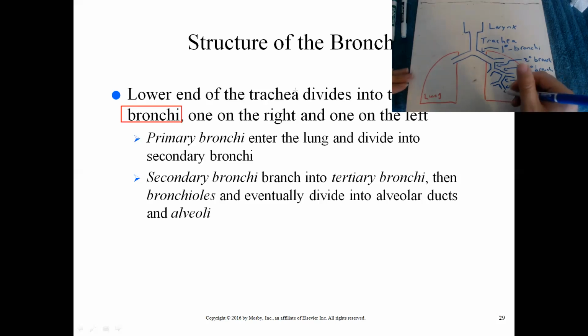And the alveolar ducts eventually ending up at sacs. These are sacs now. These sacs called alveoli. Again, all these terms are on the PowerPoint slide. And once we get to alveoli, that's the end of the pathway of air.